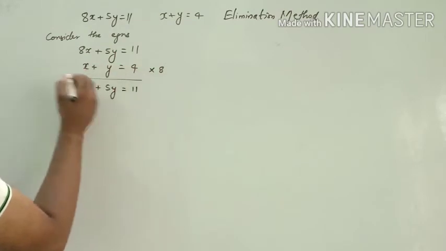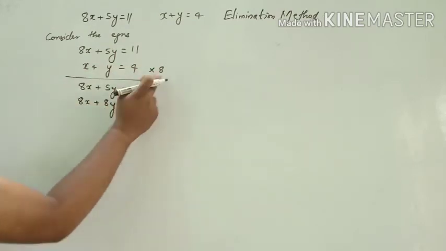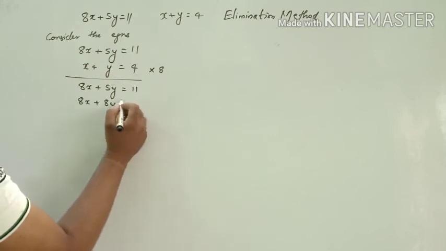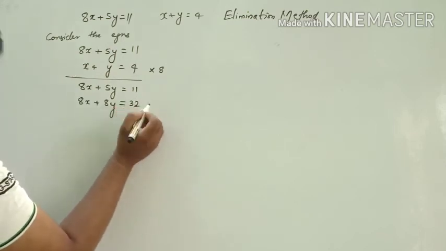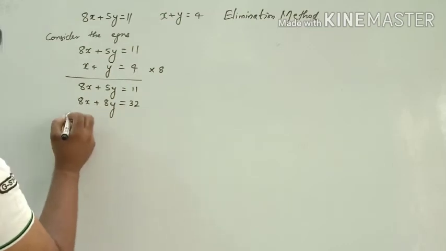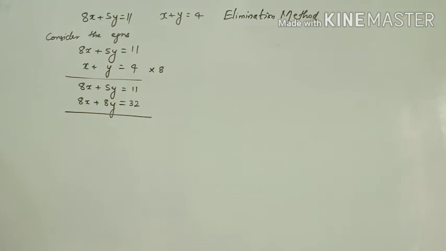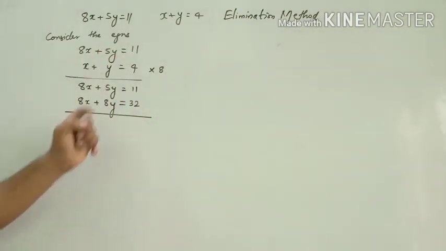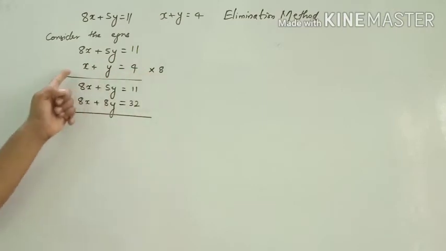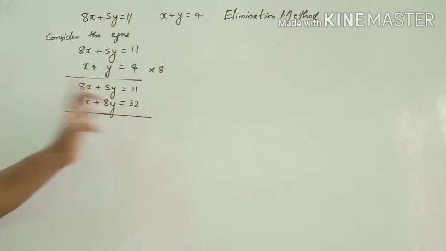Now I am going to multiply this, that is 8x plus 8y is equal to 32. So 8x plus 5y is equal to 11 and I have multiplied by 8 here, so that is 8x plus 8y is equal to 4 into 8, that is 32.